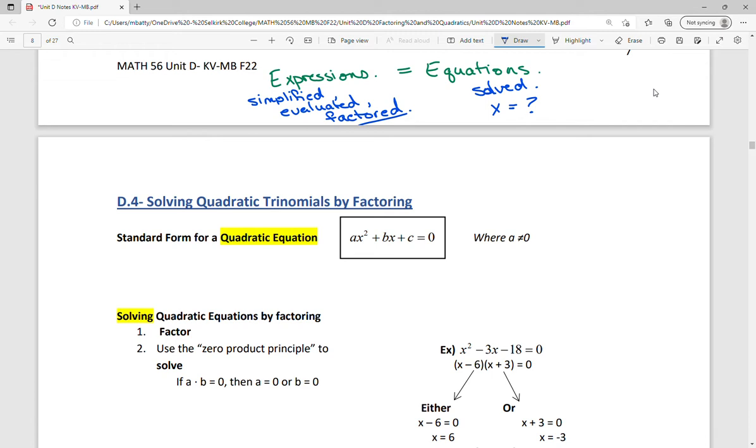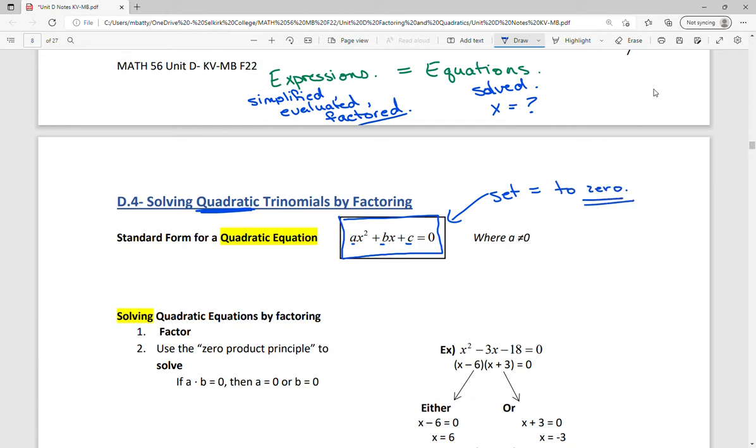Now, we are going to keep going with factoring because factoring is a way of getting to the answers in a quadratic equation. And so quadratics, like I was saying before, we have an x squared term. This is the standard form of our quadratics. You can see the a and the c and the b term that we talked about with the AC test. And they are always going to be set equal to 0.